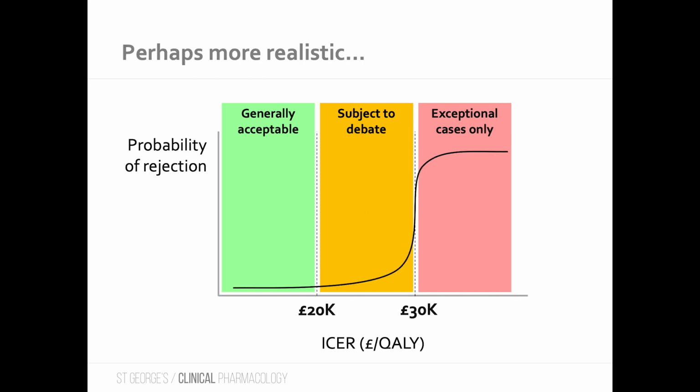My impression, and this is purely a personal impression, is that the curve looks something more like that, where there is a bit more of a cliff edge at £30,000. I think it's fair to say that as a committee you really have to justify quite strongly not accepting something that falls within the £20,000 to £30,000 range, but that's not quite the way that it's presented.